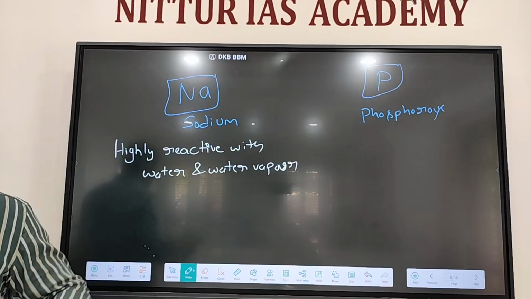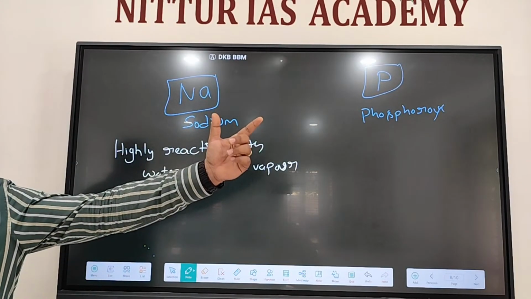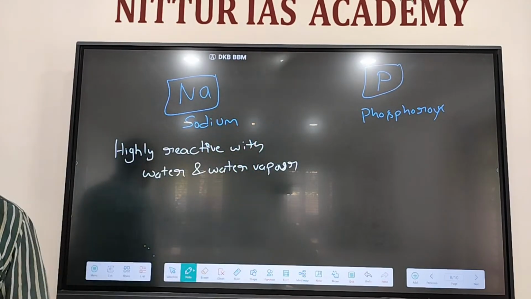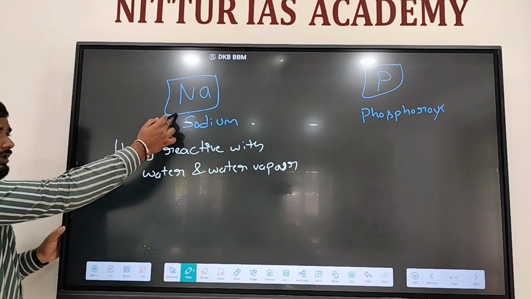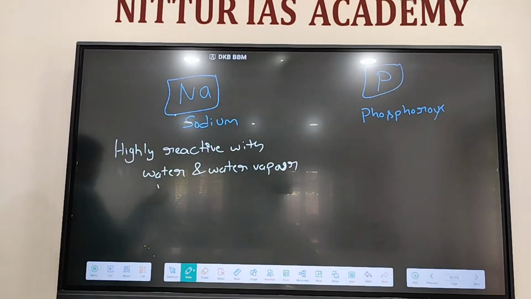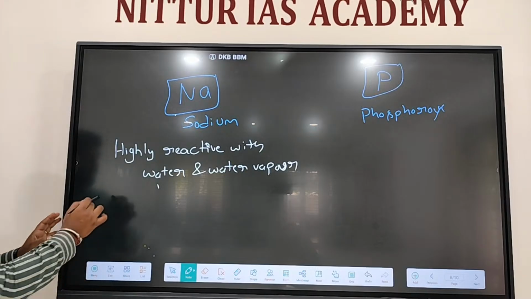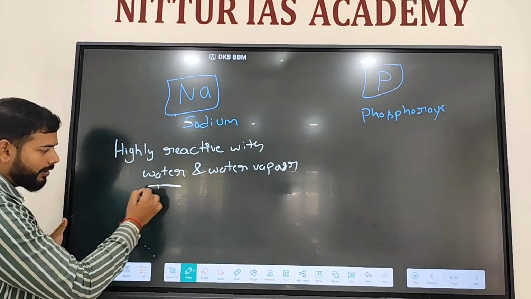Humidity is less here, it is more in the coastal region. If the sodium is exposed directly to the air around us, then also the reaction takes place. It starts to burn, explode violently, right? Sodium is highly reactive with water and water vapor.